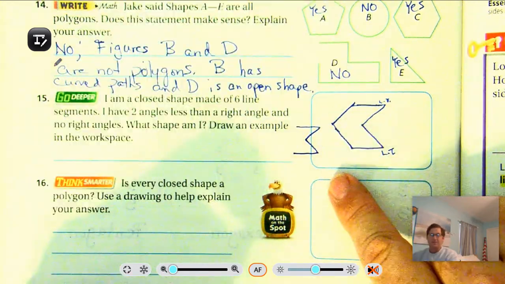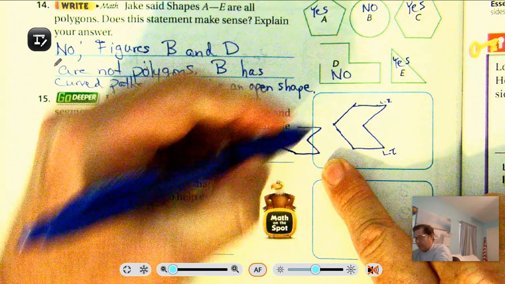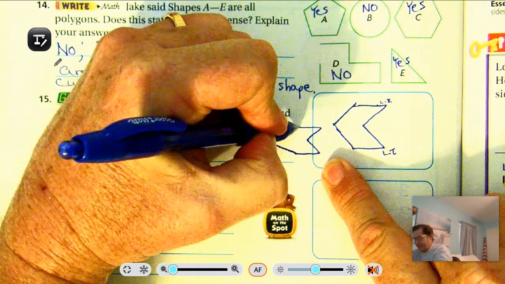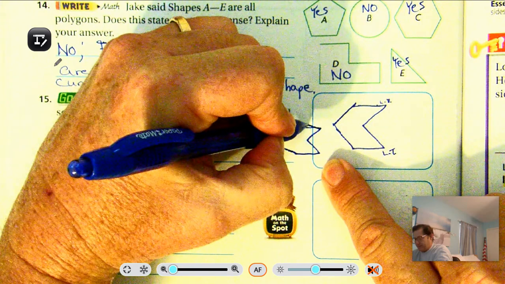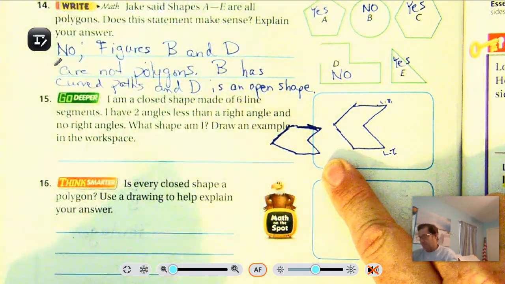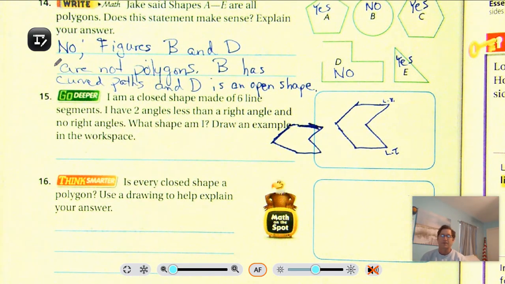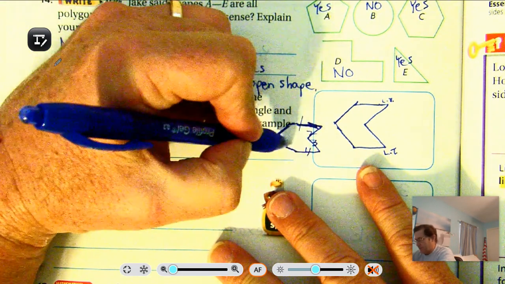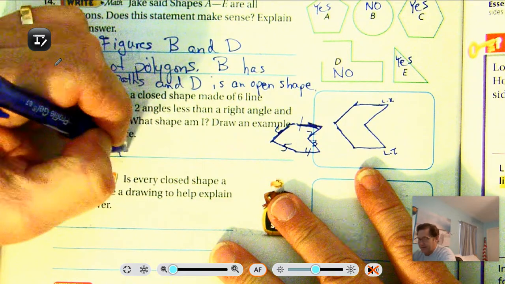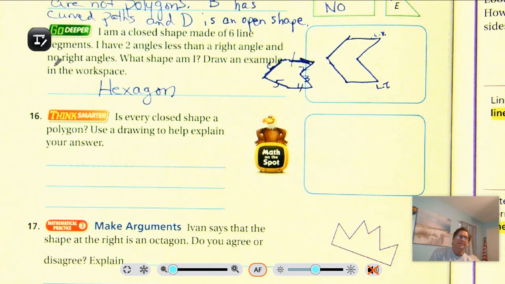So I like the fact that those are 2 right angles, but maybe I need to come out more this way to make that a right angle. I mean, greater than a right angle. Okay. And it's a 1, 2, 3, 4, 5, 6-sided figure. 6 sides is a hexagon.